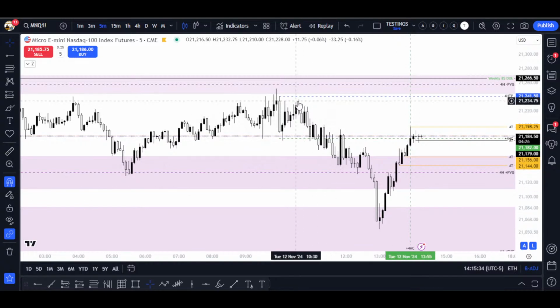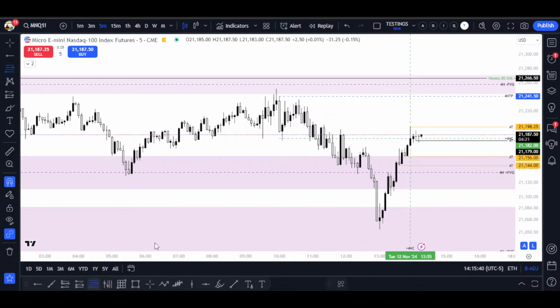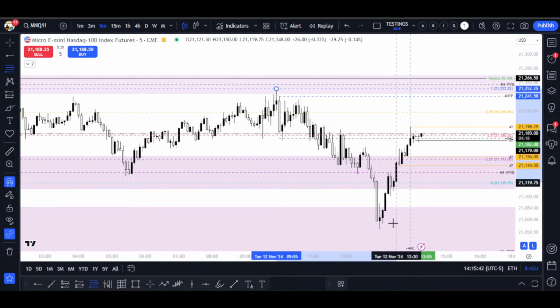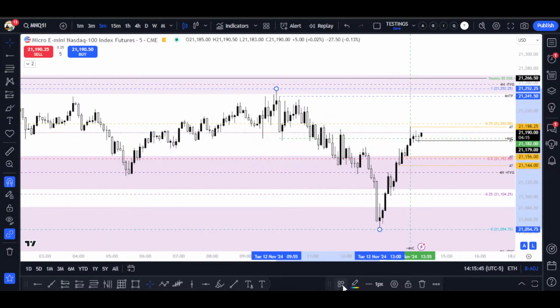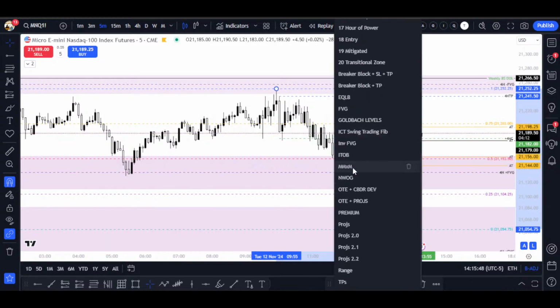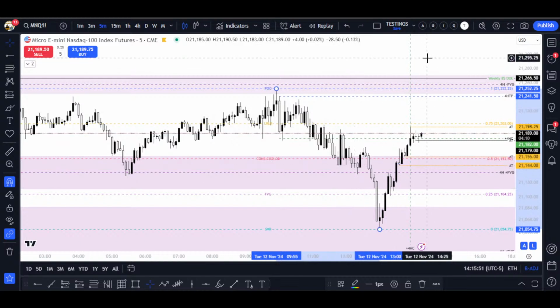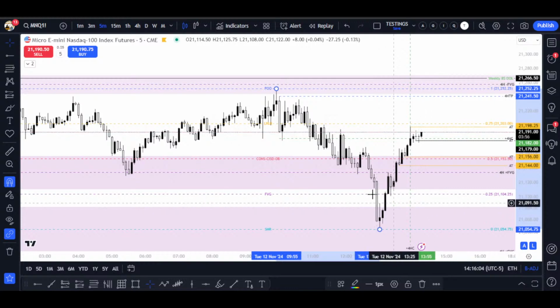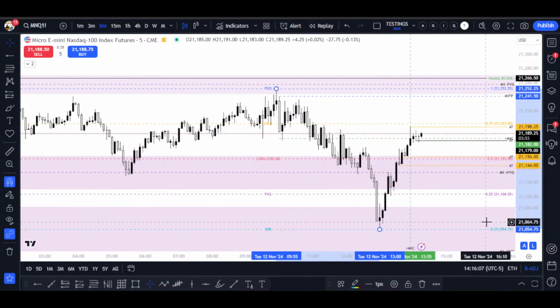So it looks like we're on the right side of the curve for this market maker buy model. So you can see right here at the 0.25, we did get a tap into here. Well, I won't get into that, but yeah.